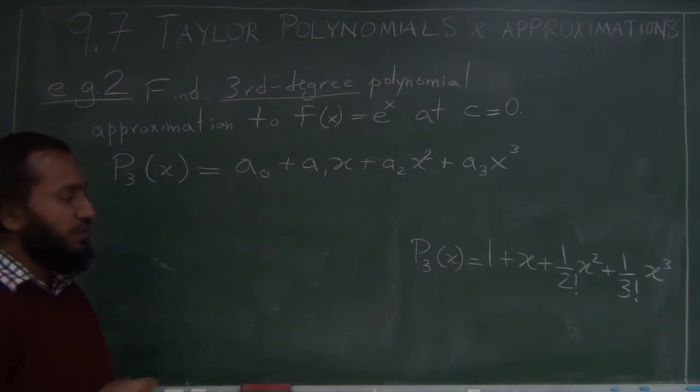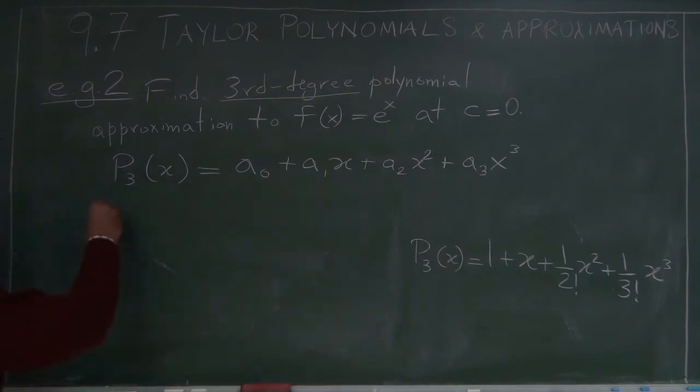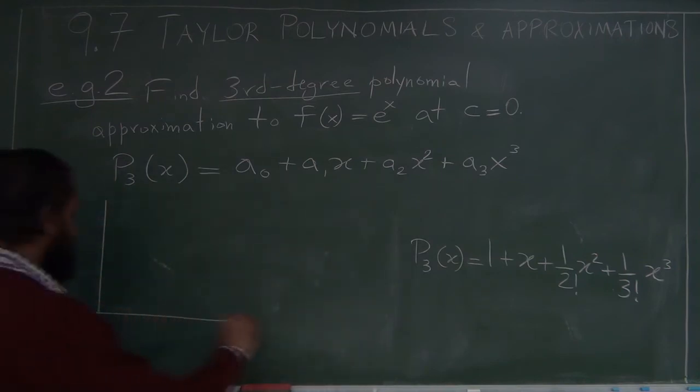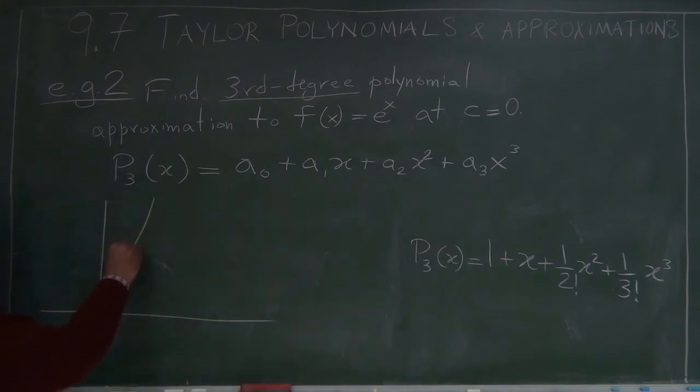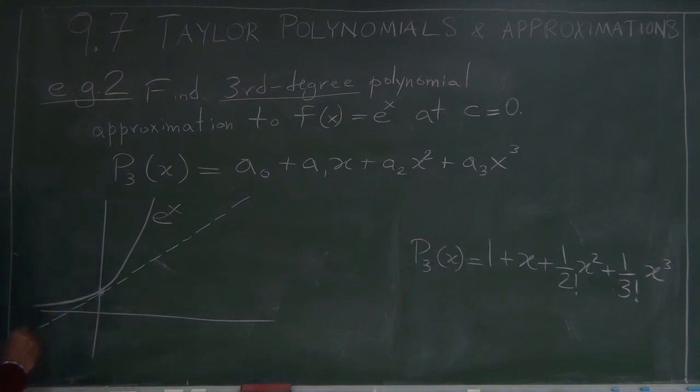Earlier we had e to the x, and in blue chalk that linear function, 1 plus x, the first degree polynomial approximation.